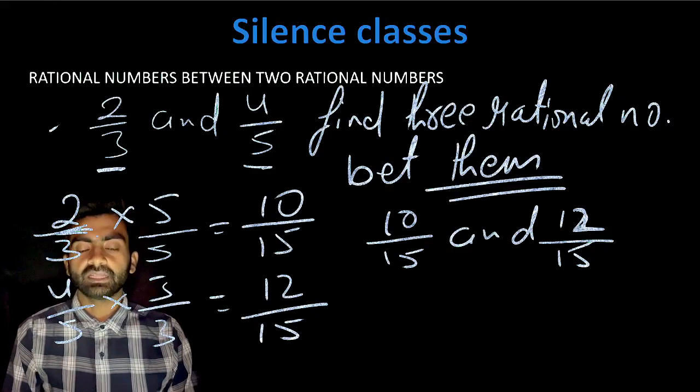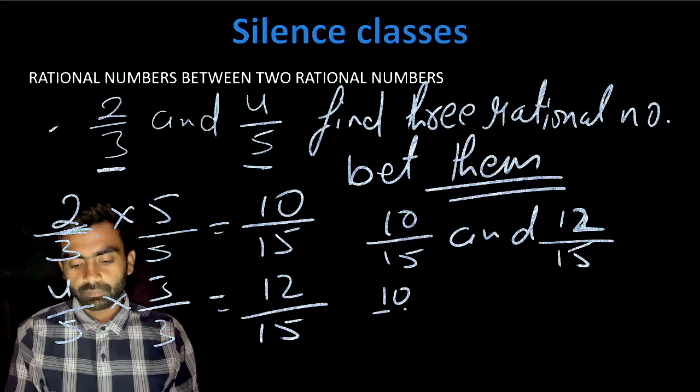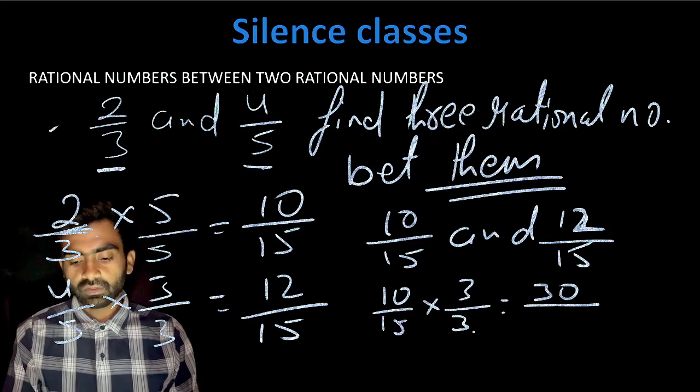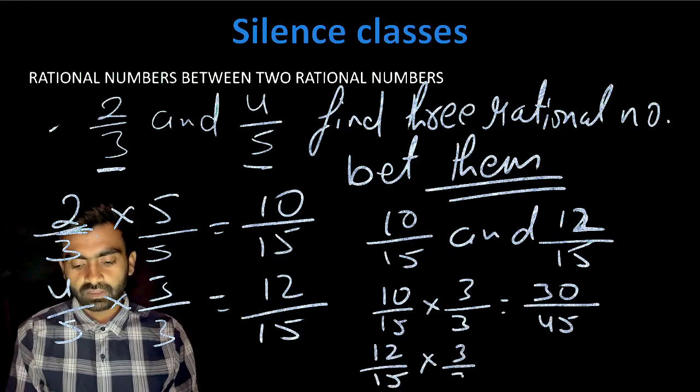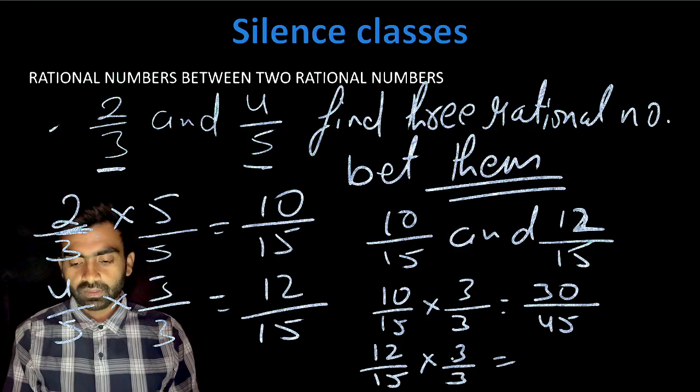these numbers by 3. So we put 10 upon 15 multiplied by 3 upon 3: 3 times 10 is 30 and 3 times 15 is 45. Now 12 upon 15 multiplied by 3 upon 3: 3 times 12 is 36 and 3 times 15 is 45.